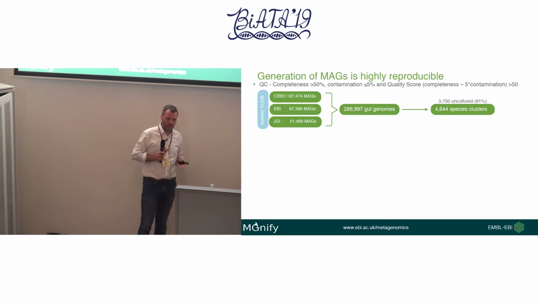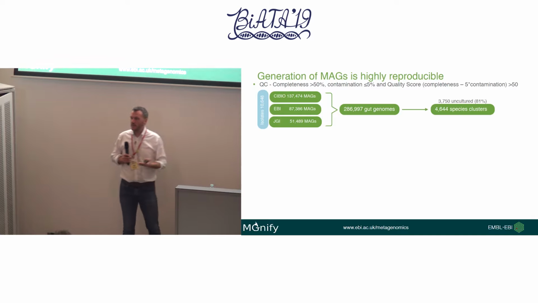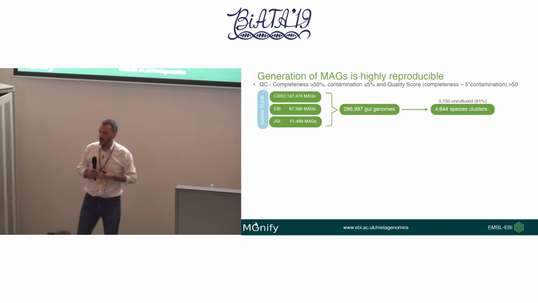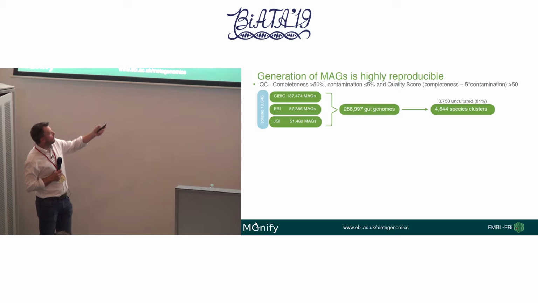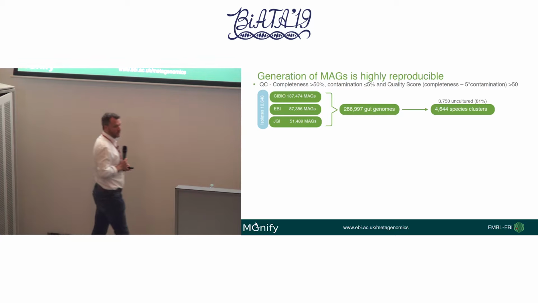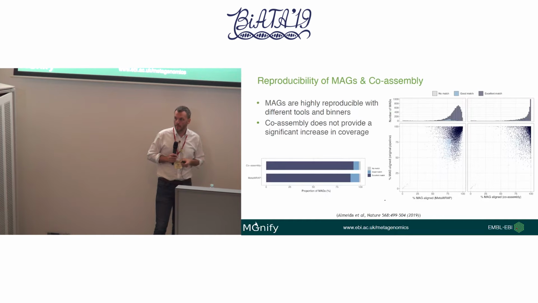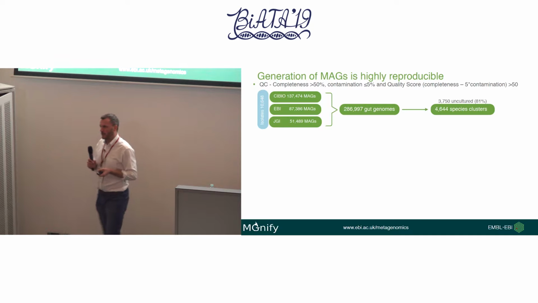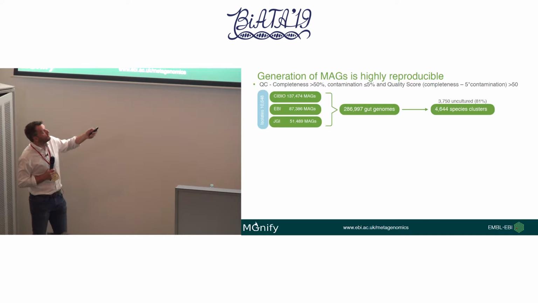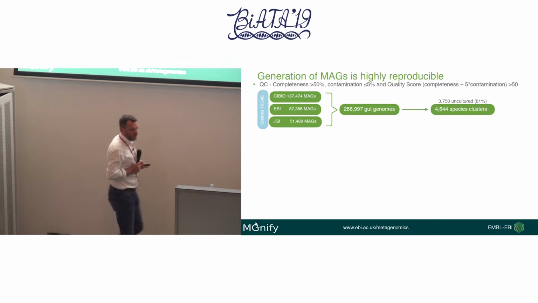There's huge amounts of redundancy in that. We can apply the same dereplication process to everything, preferentially keeping the isolates, and that comes out at 4,644 species clusters. That's a huge reduction from nearly 300,000 down to just under 5,000 at this particular level.